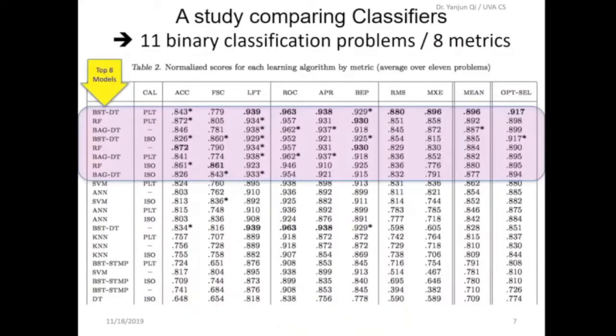In that benchmark competition, all the top winners, the top group of classification methods on this small-scale benchmark data, are tree-based ideas. The first is bagged decision trees, then random forest, and then variations of bagging and random forest combinations.